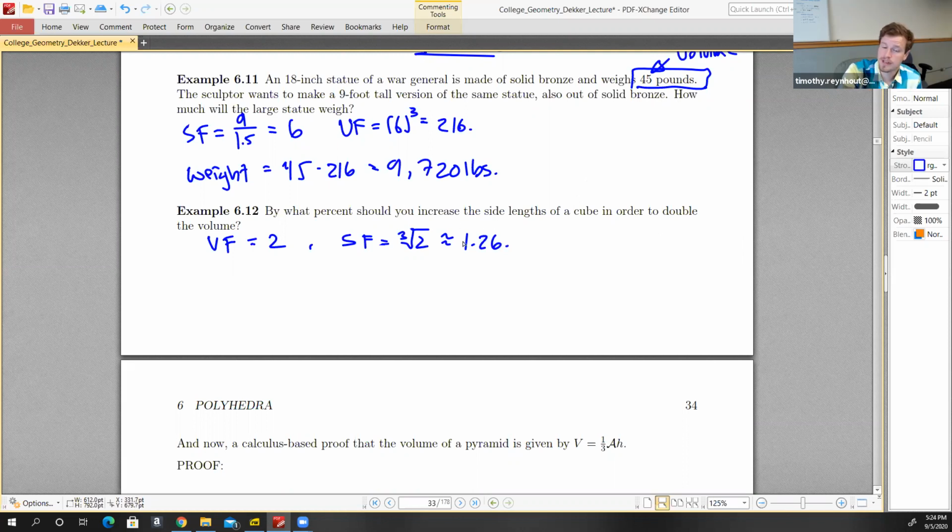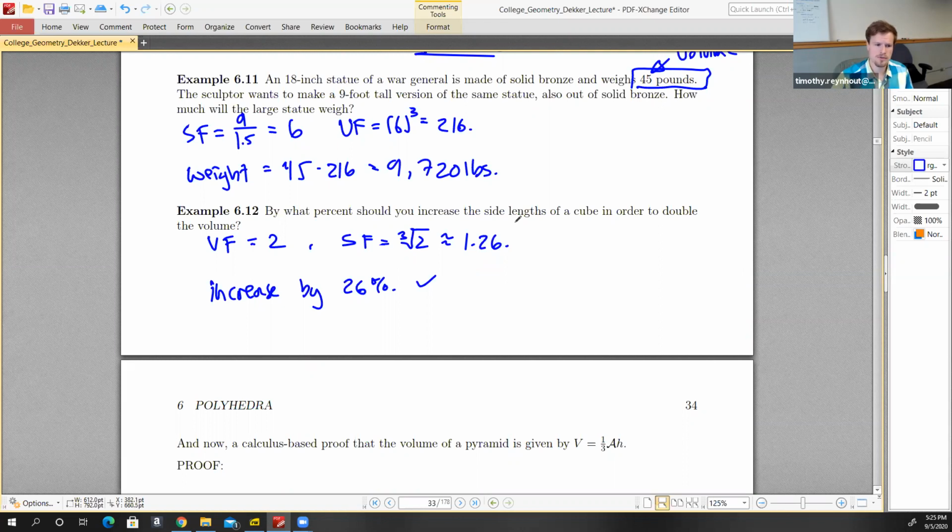So we would have to increase the side lengths by 26% because this is 126% of what it used to be. So it's increased by 26%. Excellent. And that's all that we're looking for there.